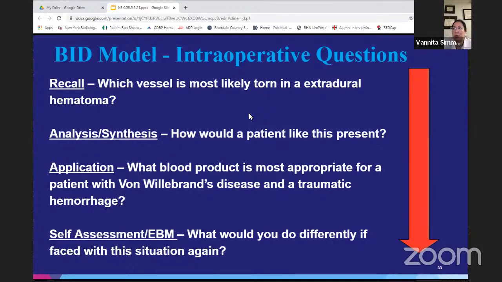Application: what blood product is most appropriate in a patient with von Willebrand's disease and a traumatic hemorrhage? And self-assessment: let's say a different type of patient came in, what would you do differently if faced with this situation again?